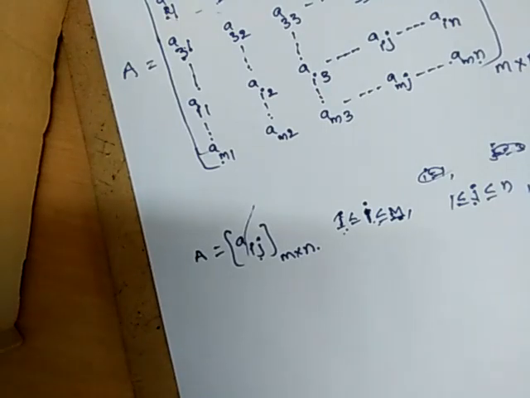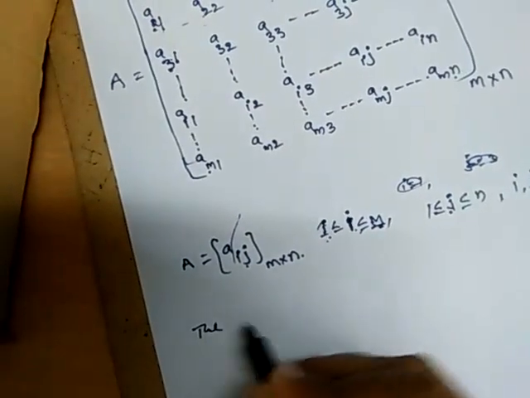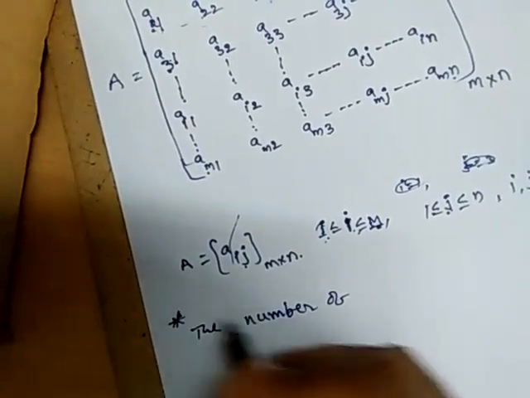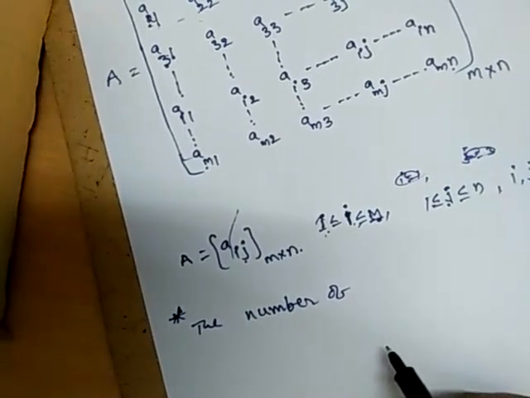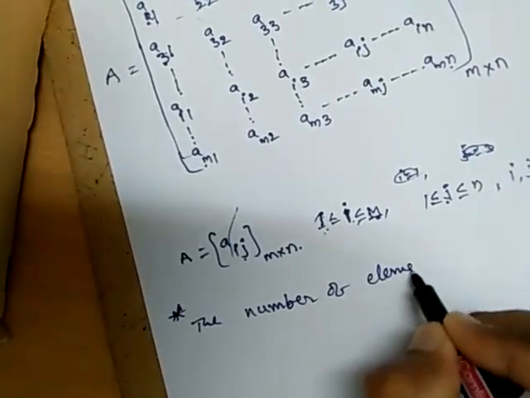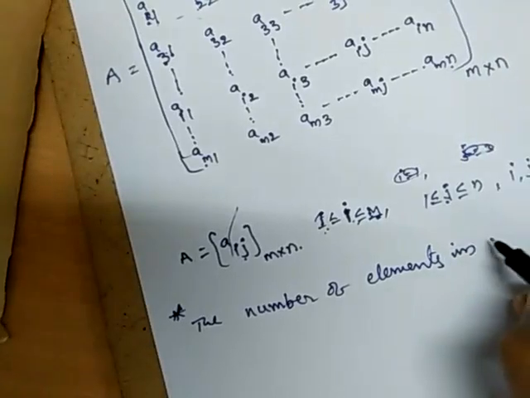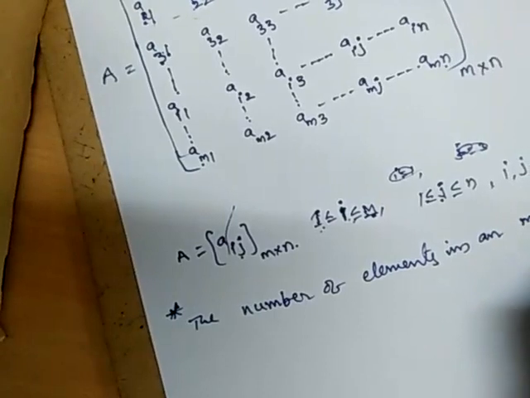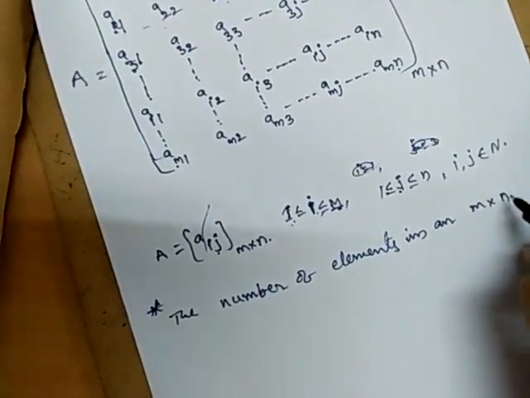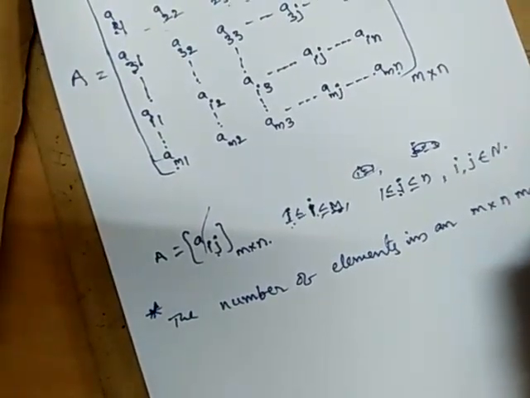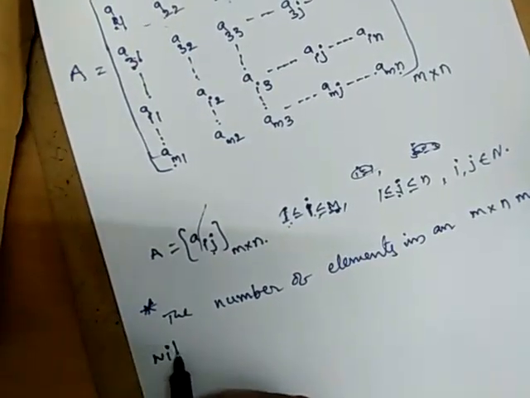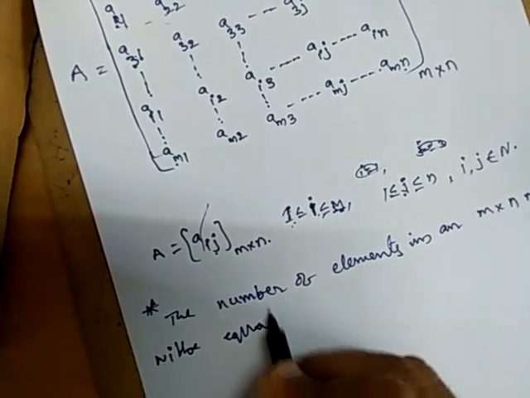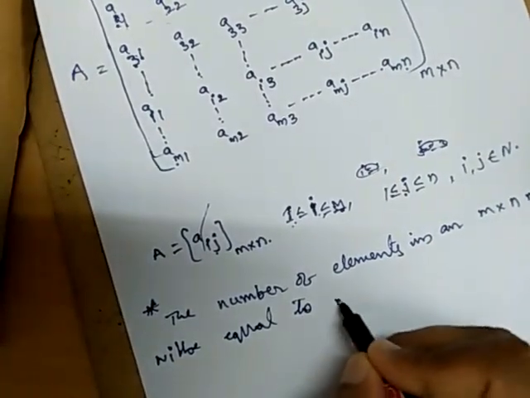This is a very, very important point. Put a star mark: the number of elements in an m cross n, m by n matrix will be equal to m into n.